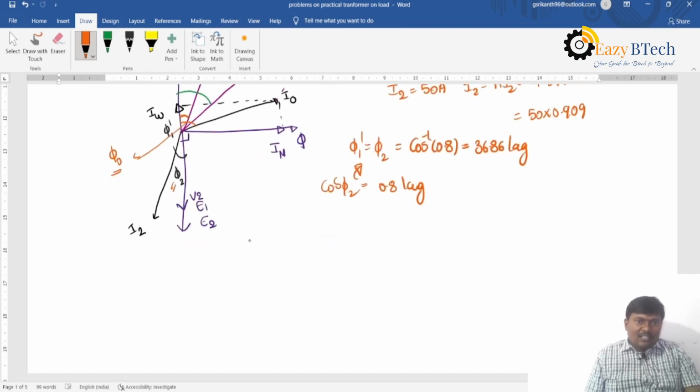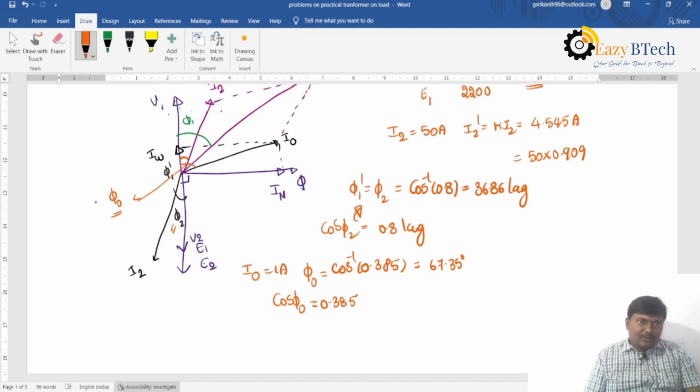Okay, we know what is I0: I0 is equal to 1 ampere and the no load power factor cos phi 0 is 0.385, and cos inverse of 0.385 should be equal to 67.35 degrees. This phi 0 value is 67.35 degrees and this phi 1 dash value is 36.86 degrees, again lagging.